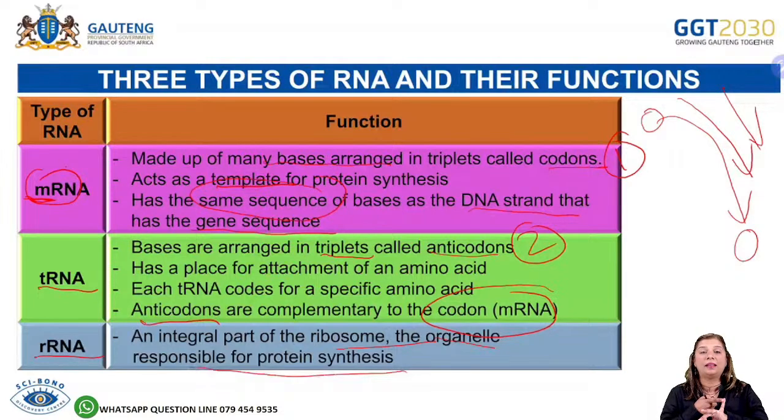It has a code called a codon, with triplet bases. The transfer RNA also has triplet bases, but it's called an anticodon. One is a messenger and the other one is transferring, so something is going to move from somewhere to somewhere. We must have that image in our mind and the definition, and so we can move on to the next one.